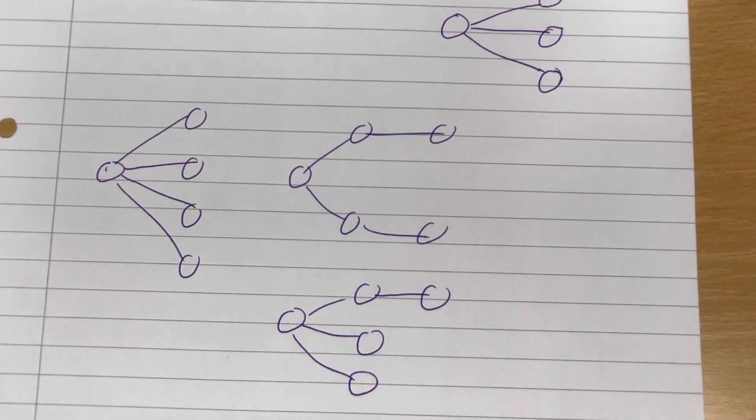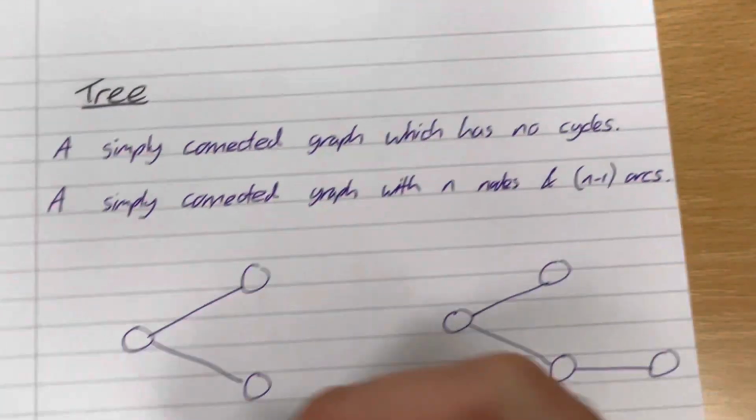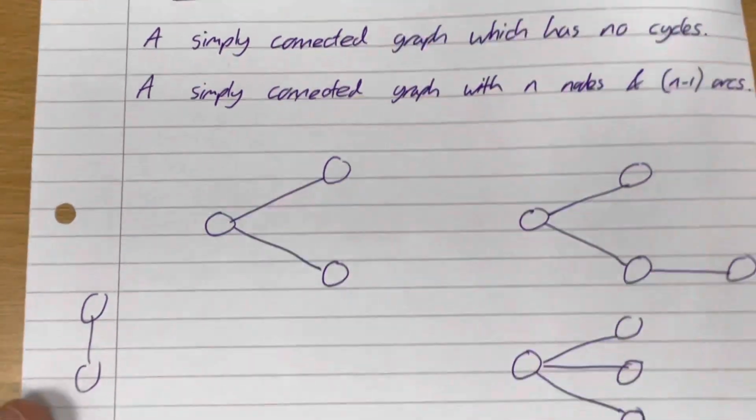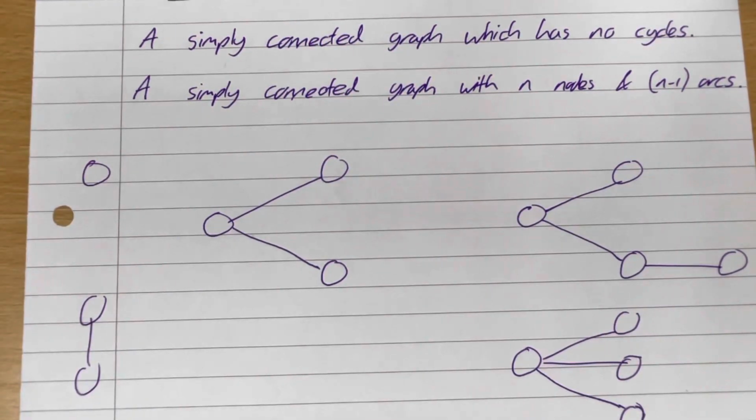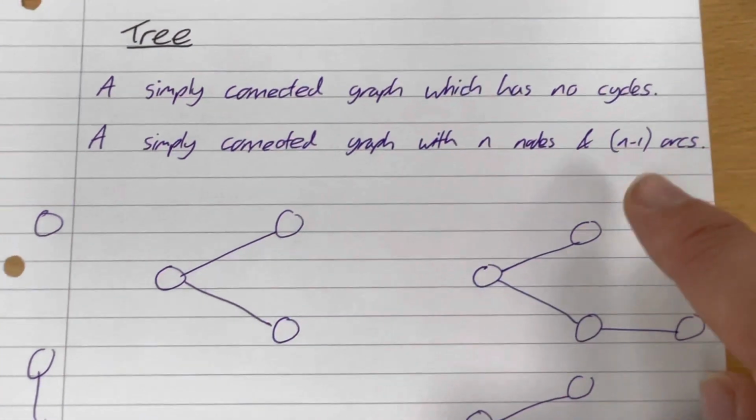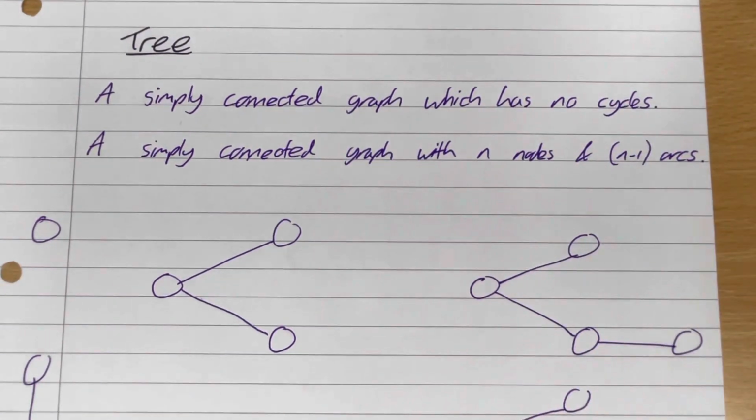There are no others. There's only one tree with 2 nodes. That is just 2 nodes connected. There's only one tree with 1 node. Yeah. So any graph that satisfies either of these conditions is a tree. And in fact, these 2 conditions, if one is true, the other is true. Okay.